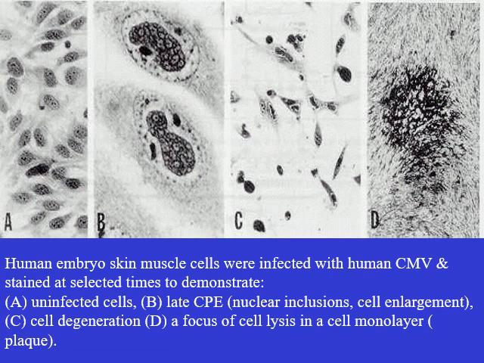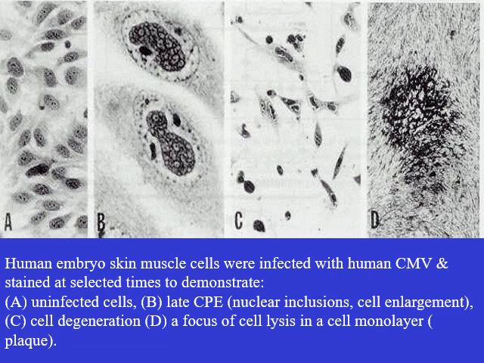This slide shows the cytopathic effect of CMV on a human embryo skin muscle cell culture. Picture A shows an uninfected cell. B shows a late cytopathic effect of CMV in the form of a nuclear inclusion, the clear black dot inside the nucleus of the cell of the tissue culture, plus enlargement of the cell.